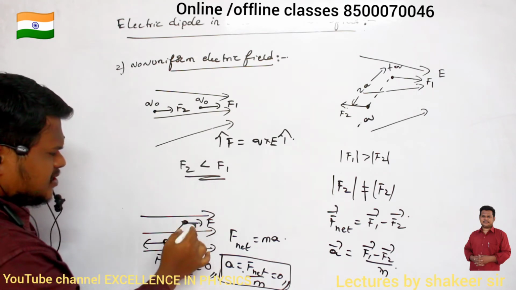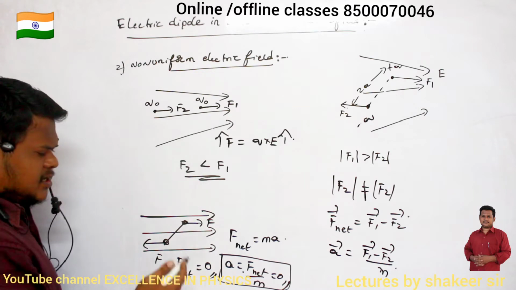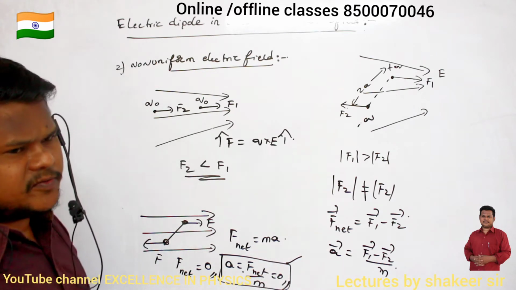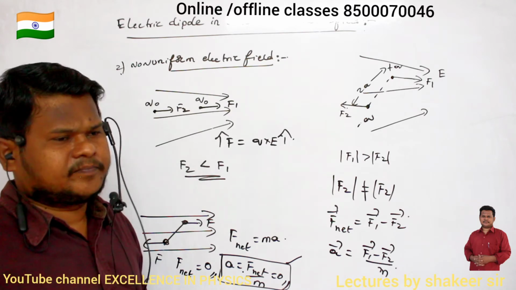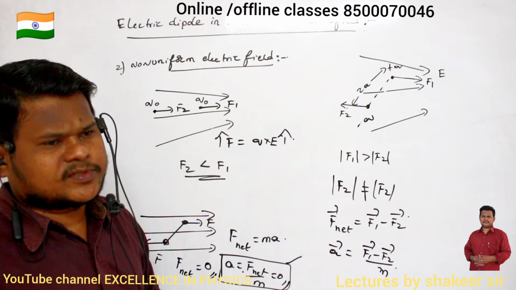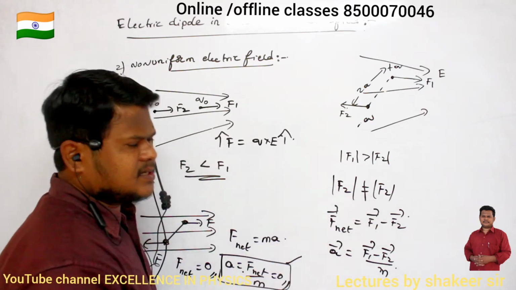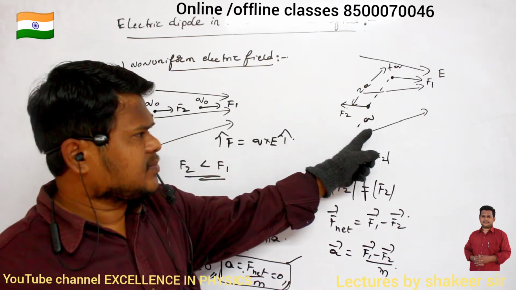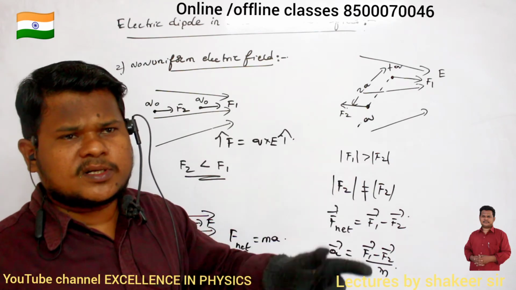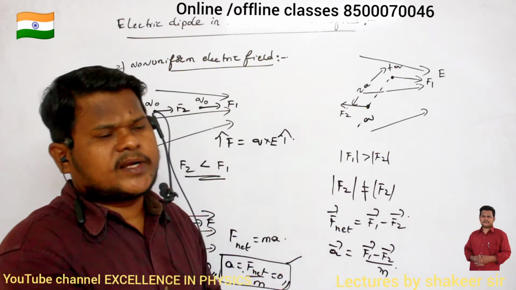In the previous condition, net force was 0. If net force is 0, acceleration is also 0. Acceleration 0 means the body cannot move in a straight line; it will just rotate. But in this condition, there is definitely some net force. Net force always produces acceleration. So this dipole moves in rotational motion as well as in translatory motion.